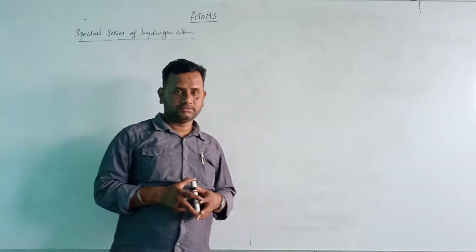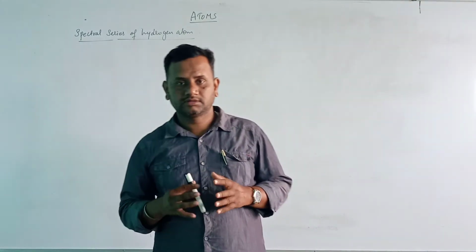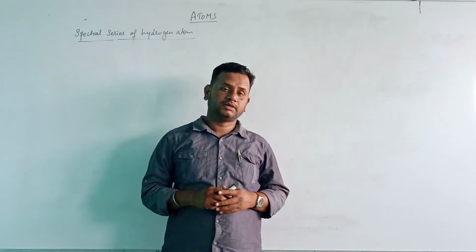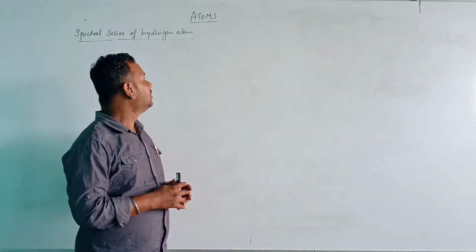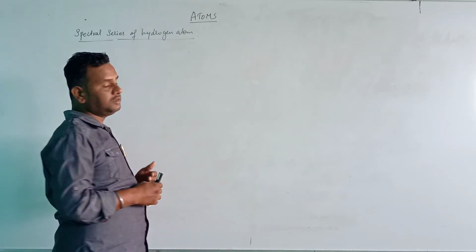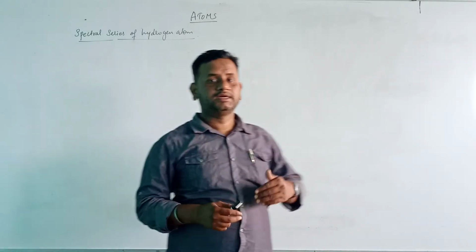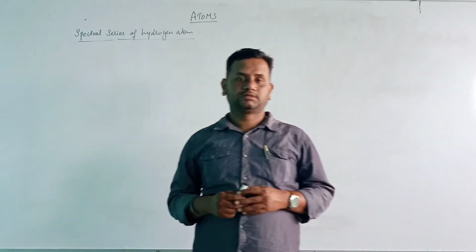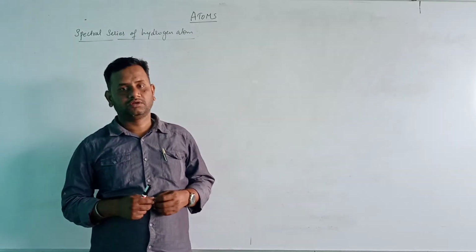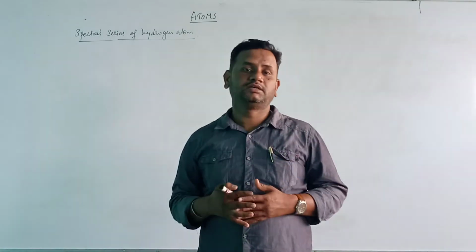a normal hydrogen atom has an electron in a ground state. When the energy is being supplied to that atom, then the electron gets some energy.